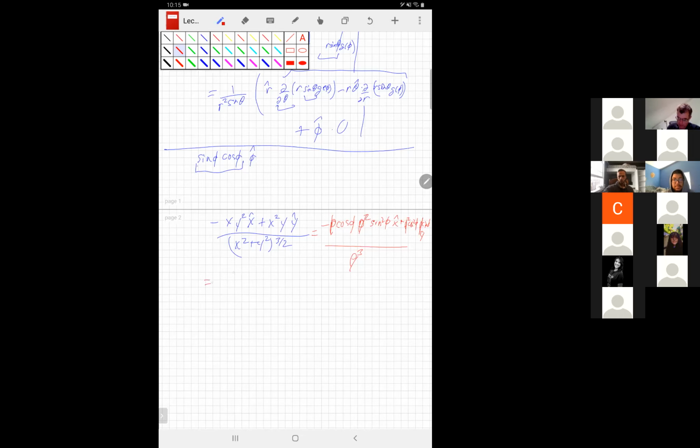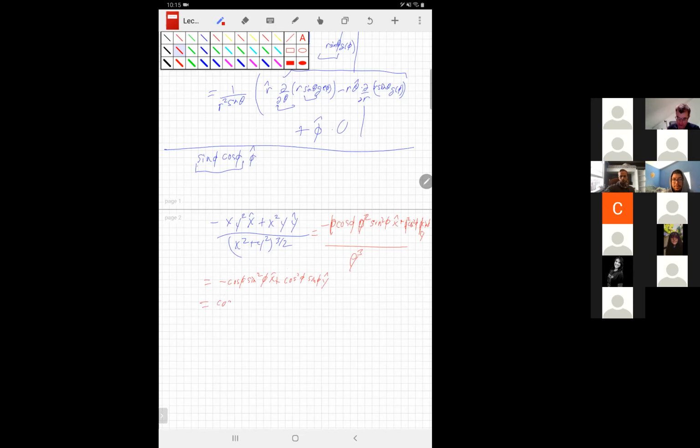And so what I'm left with is minus cosine phi sine squared phi plus cos squared phi sine phi. Oh, and that should be x hat. That should be y hat. Still looks kind of messy, but every term has cos phi sine phi.